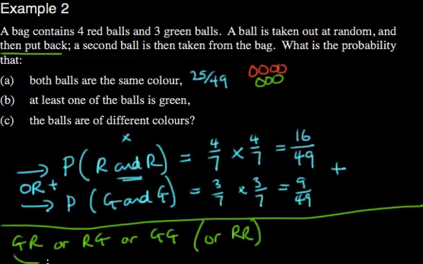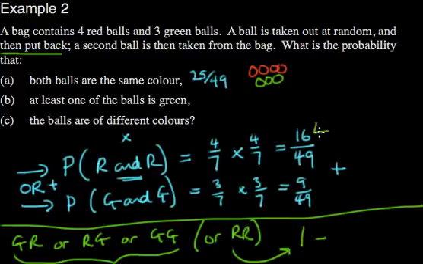And rather than working out all of these and adding them together, it's much easier to do all of the probabilities which add up to 1, and then taking away the red red. And the red red I've worked out here. 16 out of 49. And by subtracting these, I will find the probability of all of the first 3.